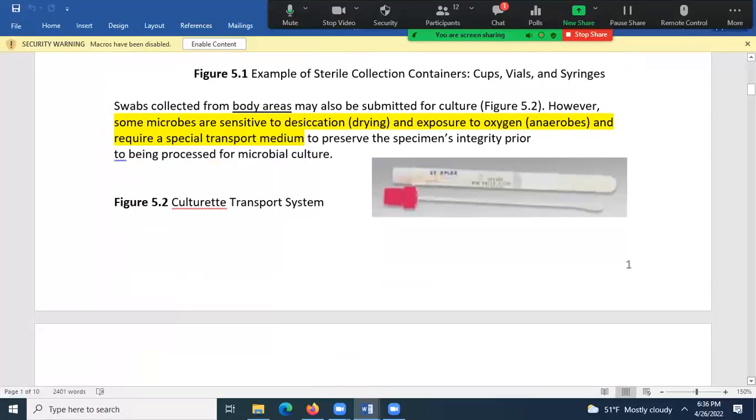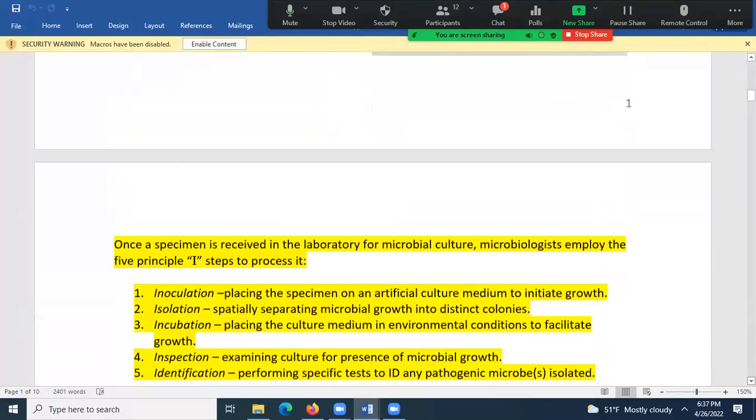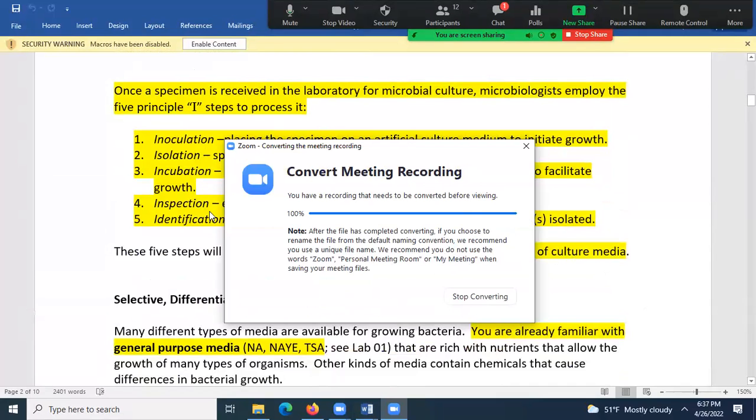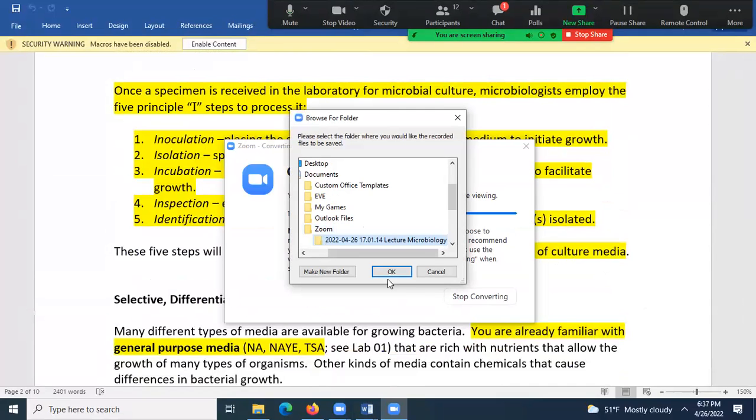Some microbes are sensitive to desiccation, such as drying, and exposure to oxygen. That would be anaerobes, and they require special transport medium. Once a specimen is received in the lab for microbiological culture, microbiologists employ the 5 principal steps to process it: inoculation, isolation, incubation, inspection, and identification.